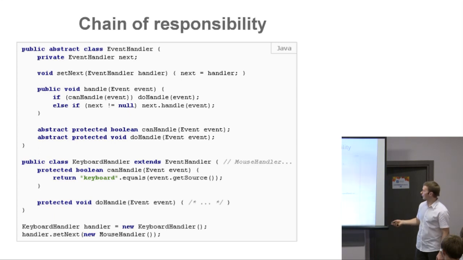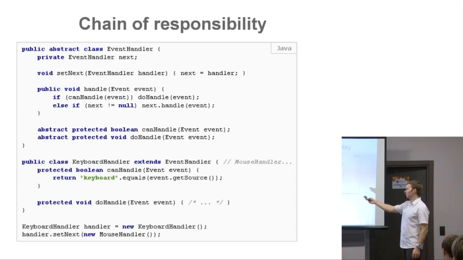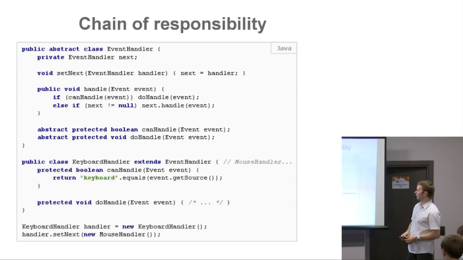Here's an example of an event handler in Java that has a setter method that allows us to set the next handler, and then it can either handle the request or pass it to the next handler in the chain.